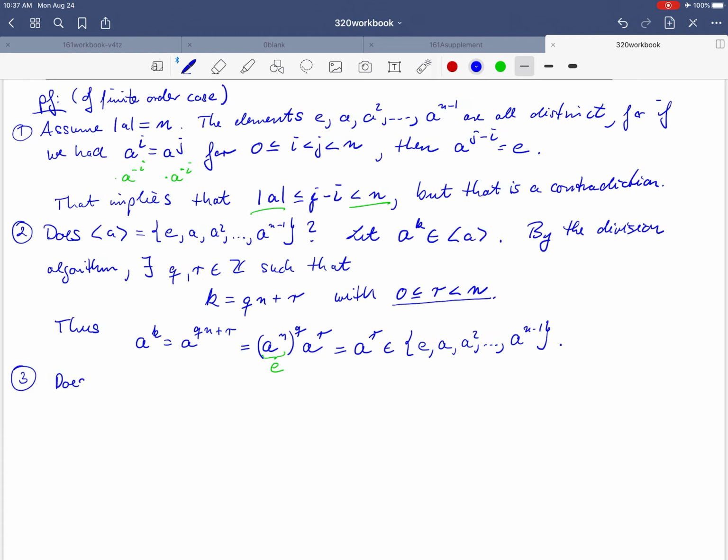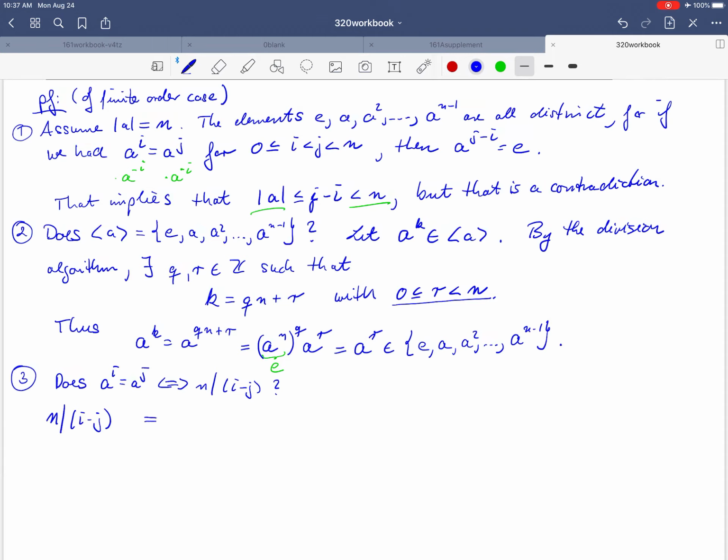So does A to the i equals A to the j imply, and the other way around, that n divides i minus j? So let's deal with that statement. And instead of doing two directions here, we are just going to do a bunch of if and only if statements. All right, so we're going to start with the right-hand side. So assume n divides i minus j.